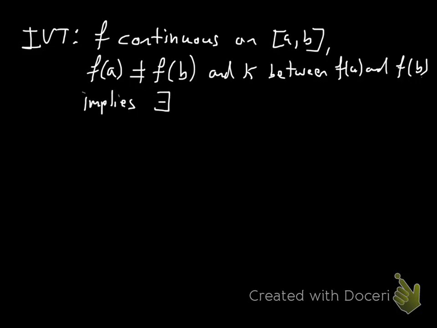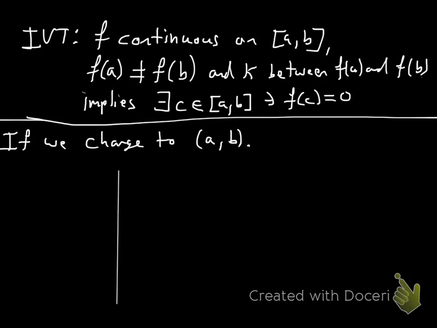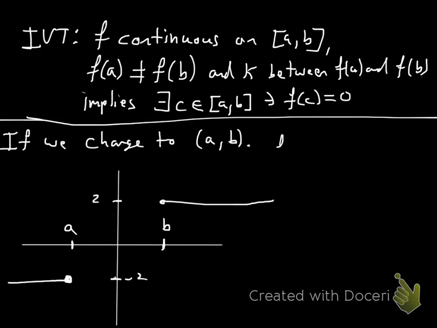On your test, let's go ahead and put in the conclusion. The conclusion is there exists a c in the closed interval [a, b] such that f of c is equal to 0. On our test, we considered changing it from closed interval [a, b] to open interval (a, b). And in class we showed a piecewise-defined function.